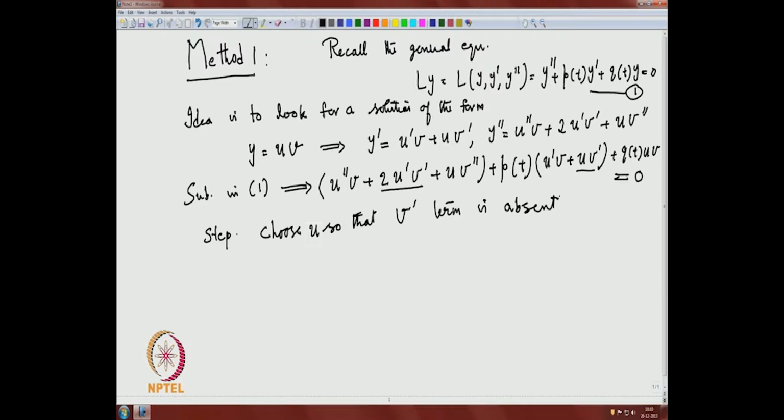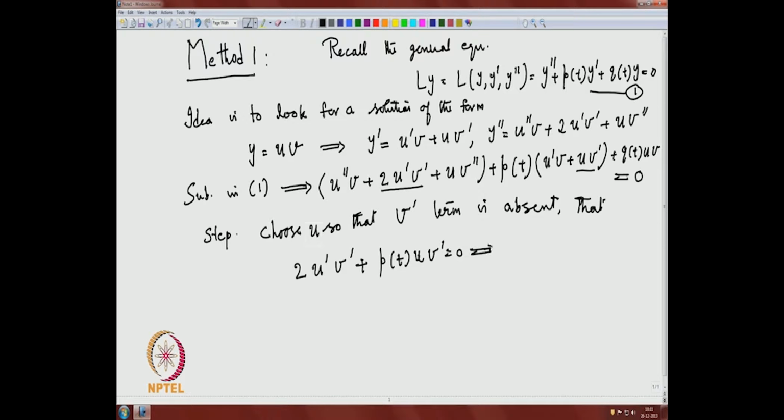As I said, the idea is to get equations for u and v which are simpler. That is, if the v prime term is absent, you want to choose it this way: 2 u prime plus p(t) u, multiplying this v prime, equal to 0.